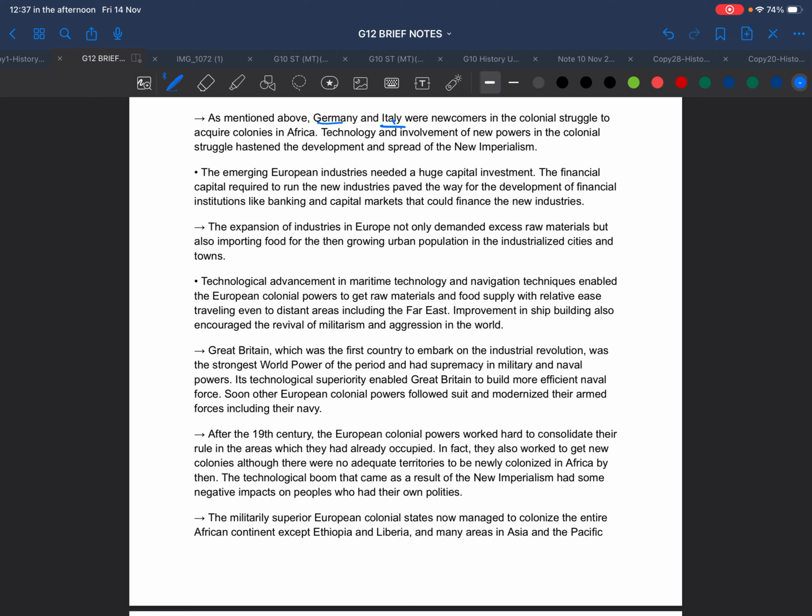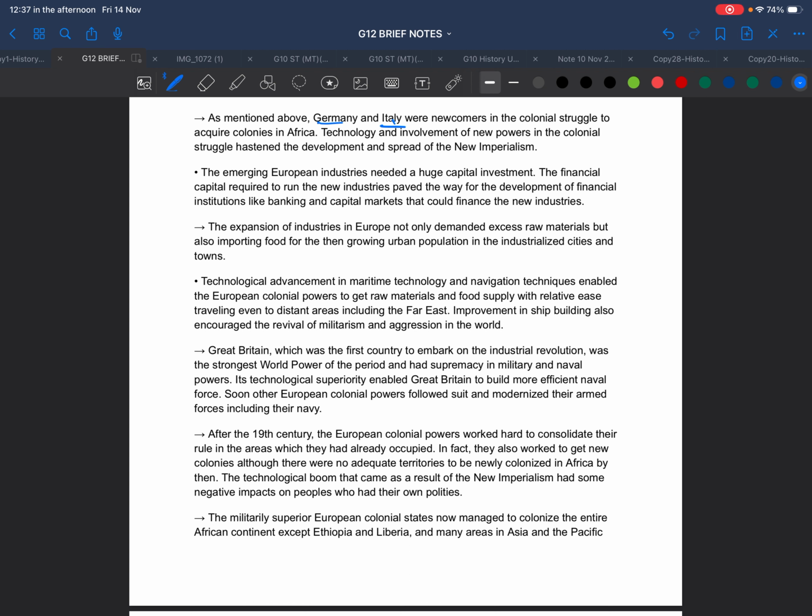Using that profit, they built a strong army, both Germany and Italy. Their industries were badly in need of raw materials. So they entered as newcomers, they joined the struggle to acquire colonies in Africa.